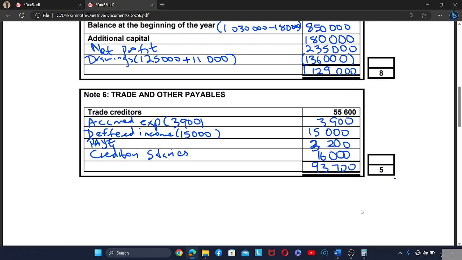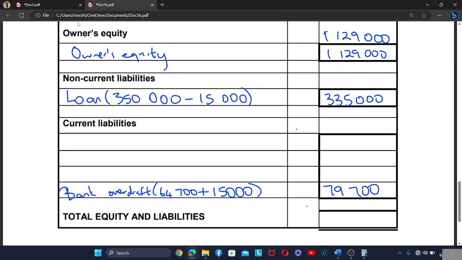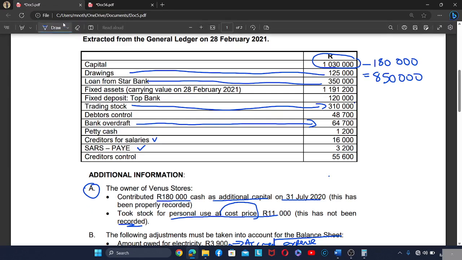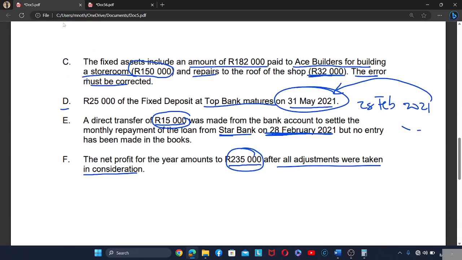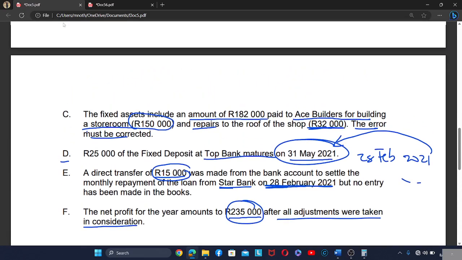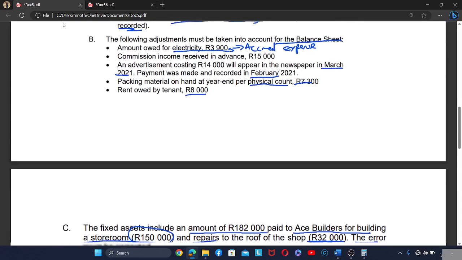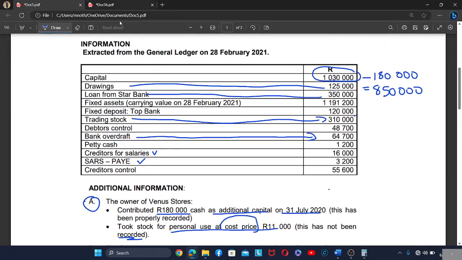That is the trade and other payables, 93,700. So just come and check if there's something remaining. So there's nothing else here. Okay.